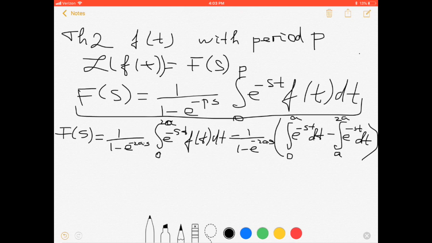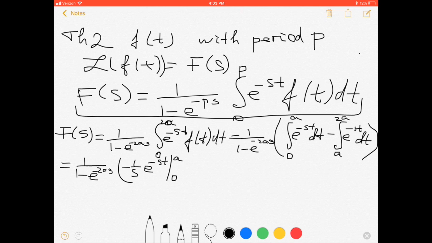Computing each integral separately, we have 1 over 1 minus e to the negative 2as, this is the multiplier. The first is an exponential function, and the integral gives 1 over the coefficient of the exponent, minus 1 over s, e to the minus st from 0 to a.